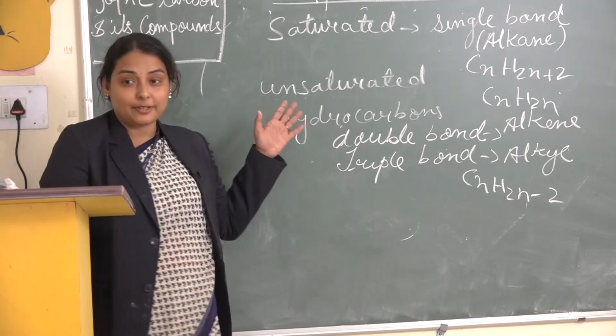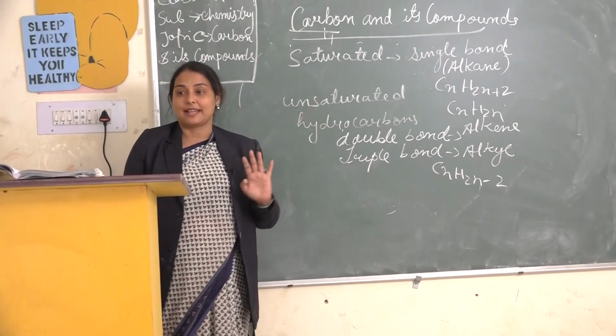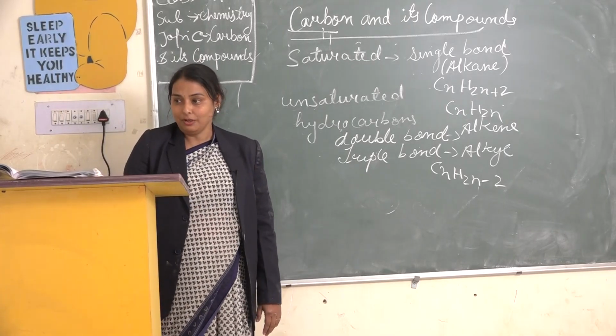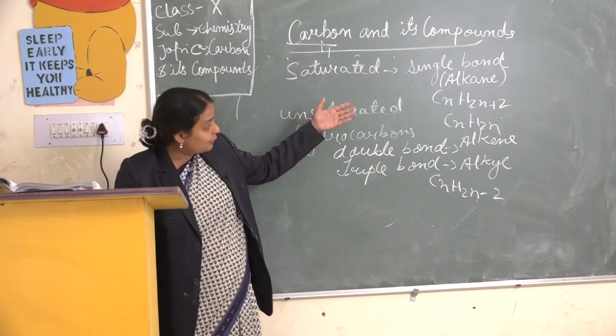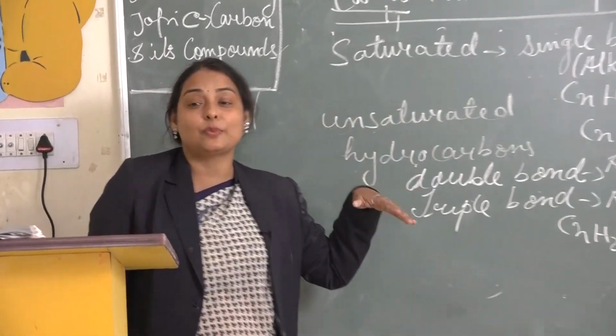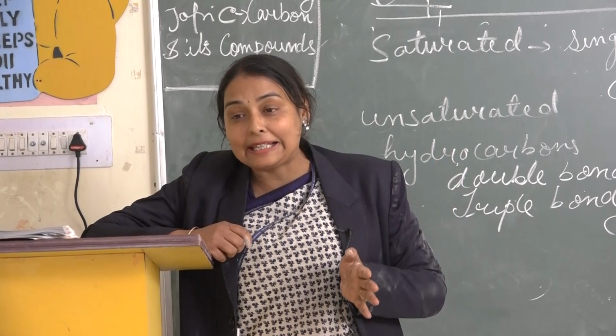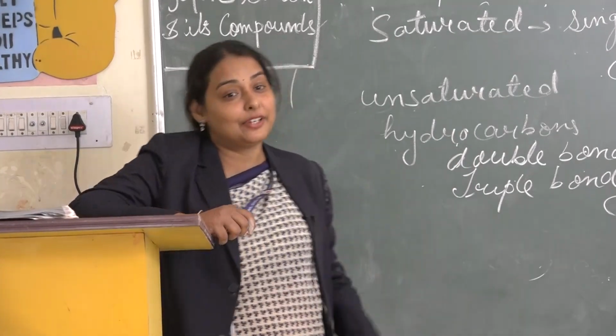So this is the difference between saturated and unsaturated hydrocarbons. Now we know what alkane is: alkane has a single bond, alkene a double bond, and alkyne a triple bond.